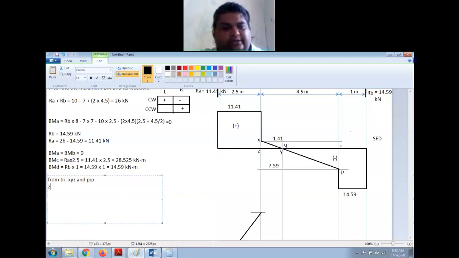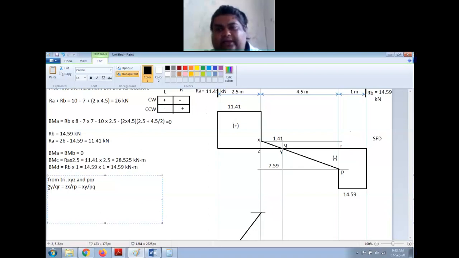So I will write ZY by QR is equal to ZX by RP, and this is equal to the inclined line XY by PQ, correct?